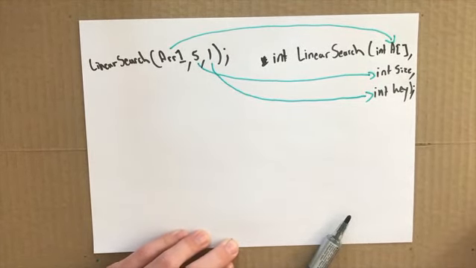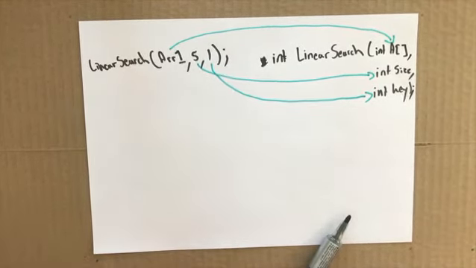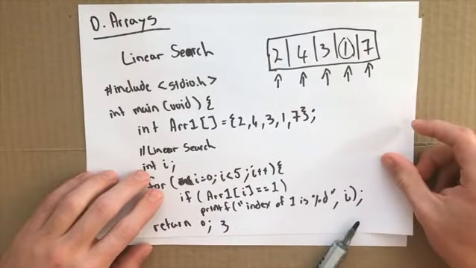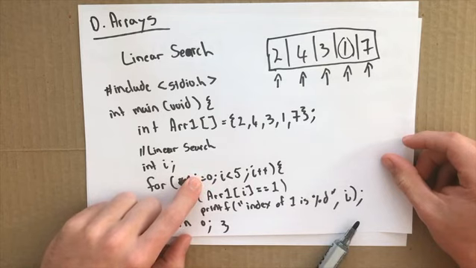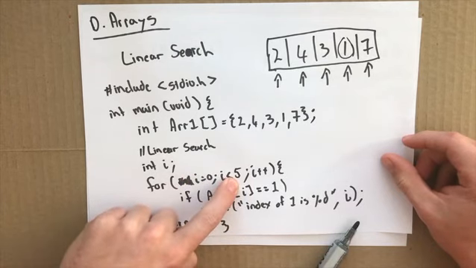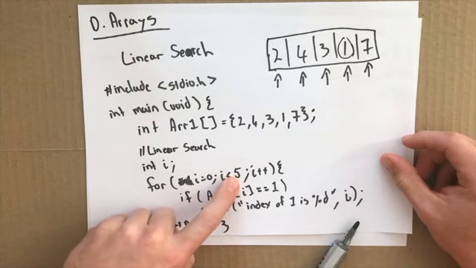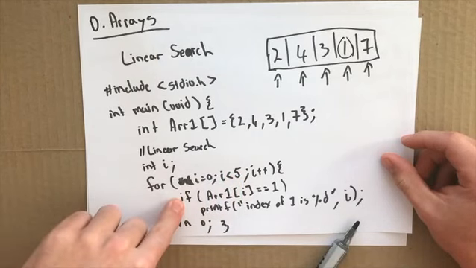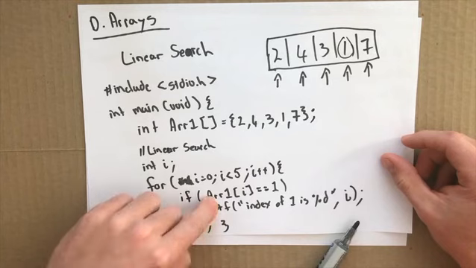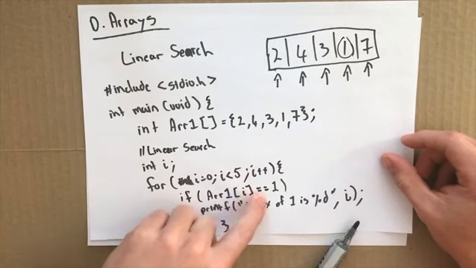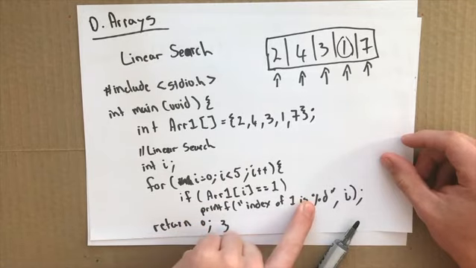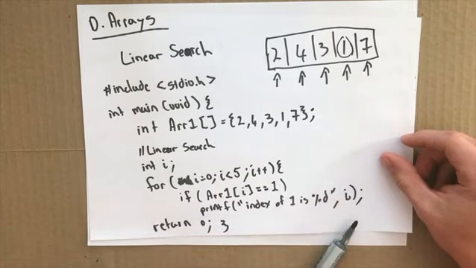Okay, so linear search, just to recap, we use a for loop, counter controlled for loop, counting from 0 to the size minus 1. Okay, so this is i smaller than 5, so it's 0 to 4. And we have the if statement checking if array 1 index i is equal to 1, and if we have found it, we will display the index.